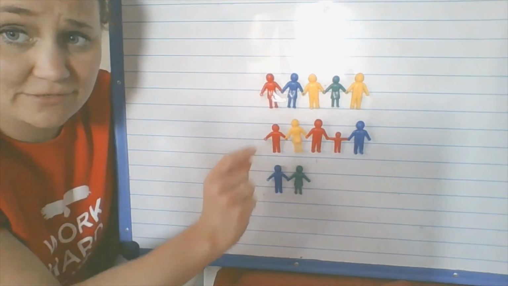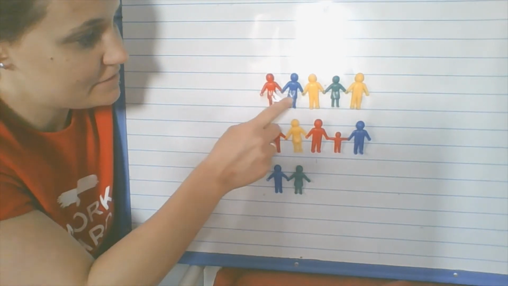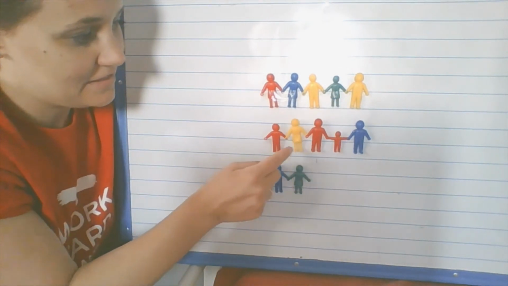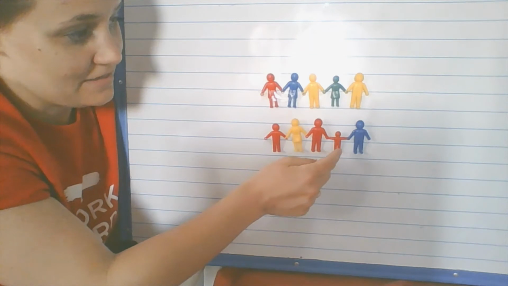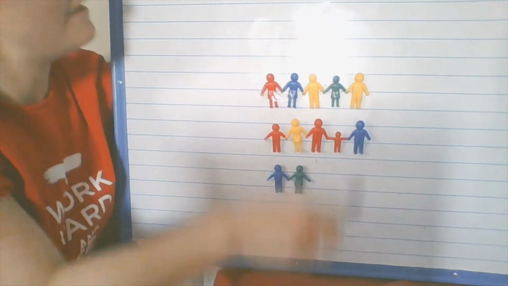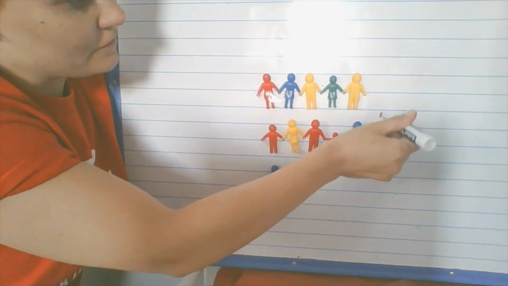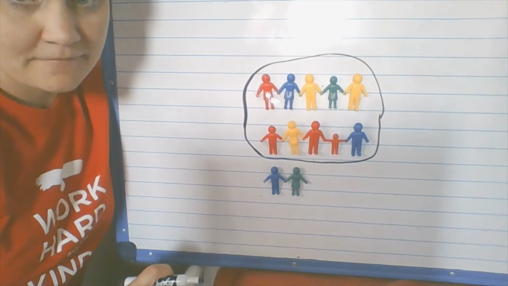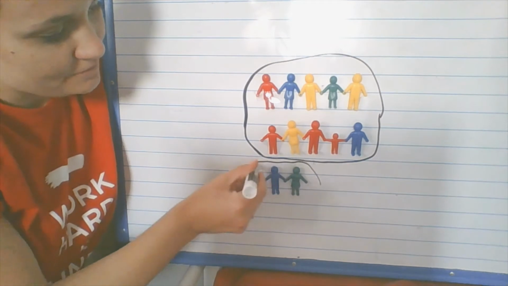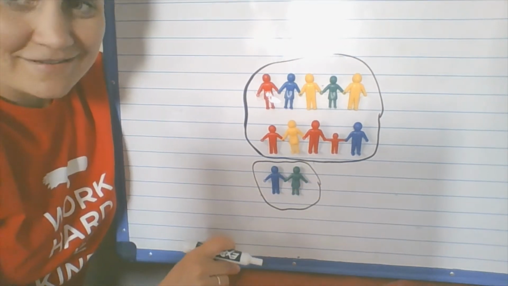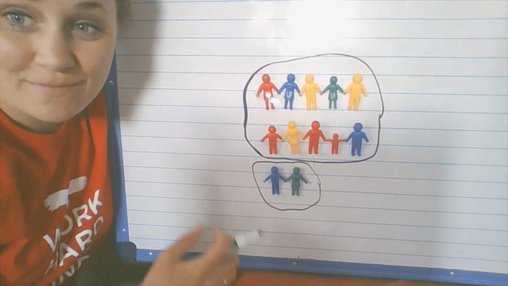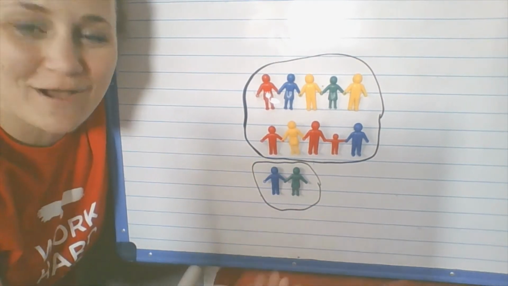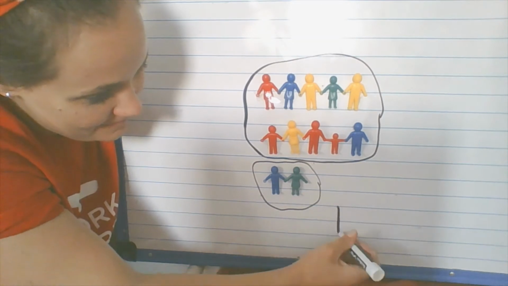Let's start from left to right at the top. 1, 2, 3, 4, 5, 6, 7, 8, 9, 10. Oh wow. So there's 10 people. And I can see that there's 2 more. 10 and 2 make 12. Say it with me. 10 and 2 make 12.